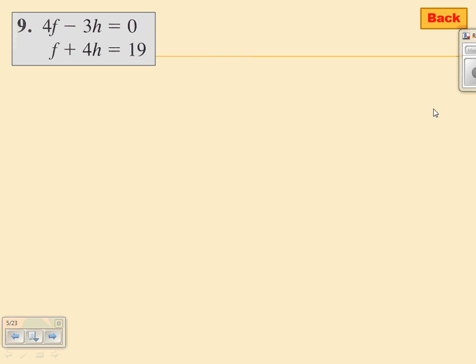For number 9, what I have to do is get a variable by itself. And the easiest variable to get by itself is f in the bottom equation. So I'm going to transform it so it becomes f equals negative 4h plus 19.